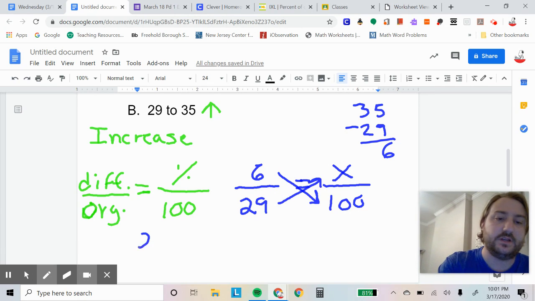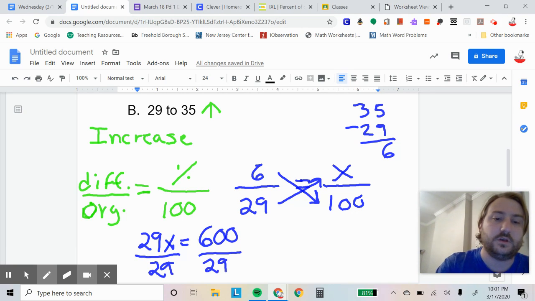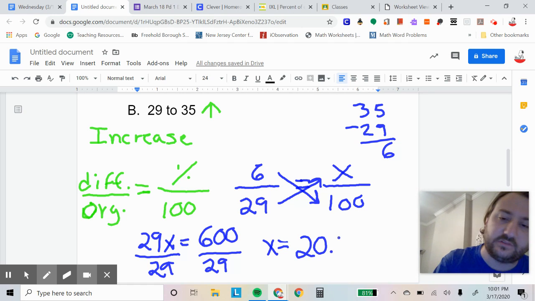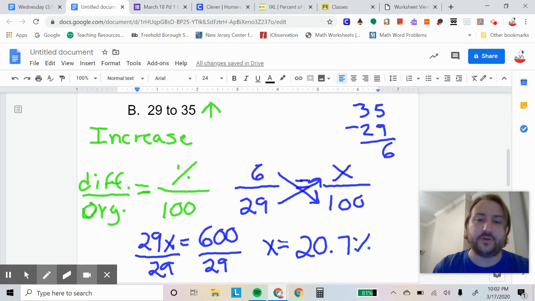We get 29x is equal to 600. Divide by 29, and we get x is equal to, let's take our handy dandy calculator, 600 divided by 29. Again, we're going to round it to the nearest tenth, so that's one number after the decimal. We get 20.7%. Pretty straightforward, right? Not too bad.